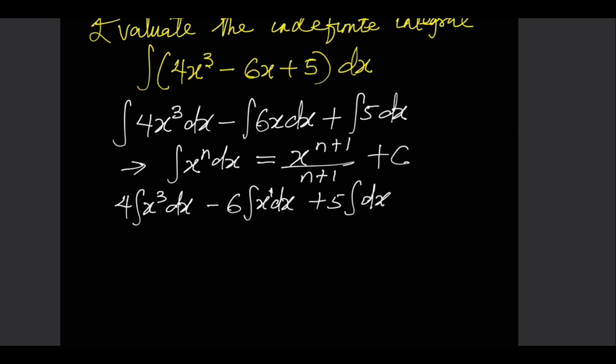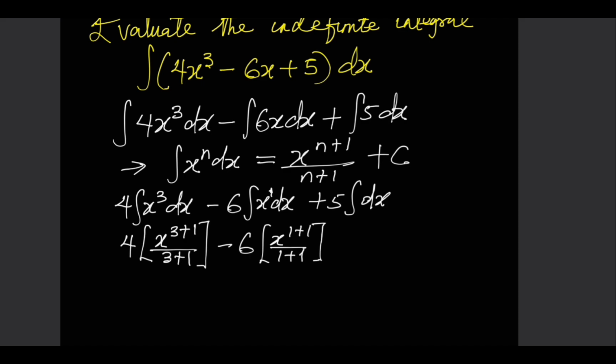Okay, so what do we need to do in this case? We say 4 times, we're integrating right now, x to the power of 3 plus 1, and divide by the new power. That's for the first term. Also, for this, we have x to the power of 1 plus 1 divided by the new power.